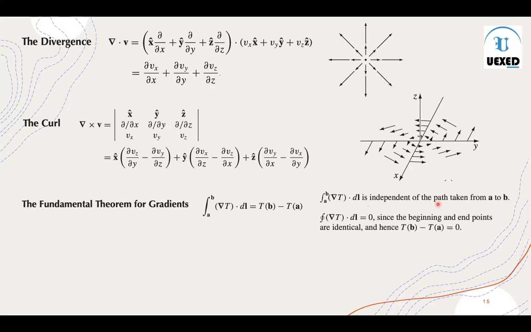And so here I'm just quoting that when we say this type of thing, we can say that it is independent of the path taken from A to B, like you might have learned in your basic 10+2 classes, where you talk about the potential, etc. And this independence of path is going to be very important.